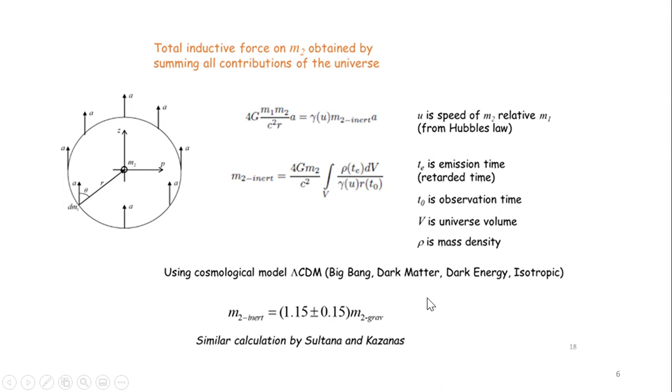This kind of calculation has been done before, and the most important one, as I can understand, is that from Sultana and Casanas 15 years ago, who made a similar calculation. So I learned a lot from them. But the main difference is that they forgot this factor 4.